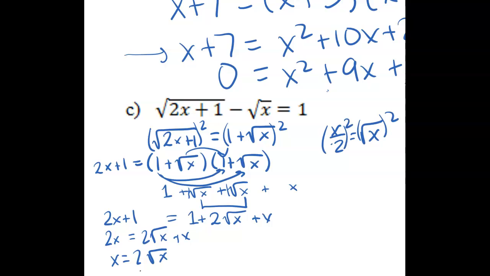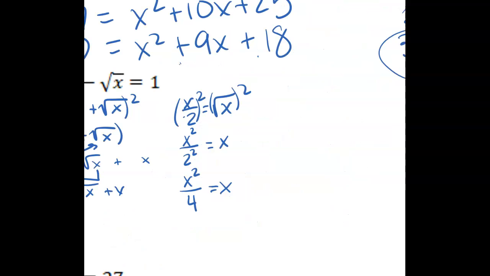Squaring a fraction looks bad, but all we're going to do is basically distribute that exponent to every single item in that fraction. So I would get x squared over 2 squared is equal to now x, because square roots and squareds again cancel out. X squared can't be reduced anymore, but 2 squared can, so that's 4, is equal to x.